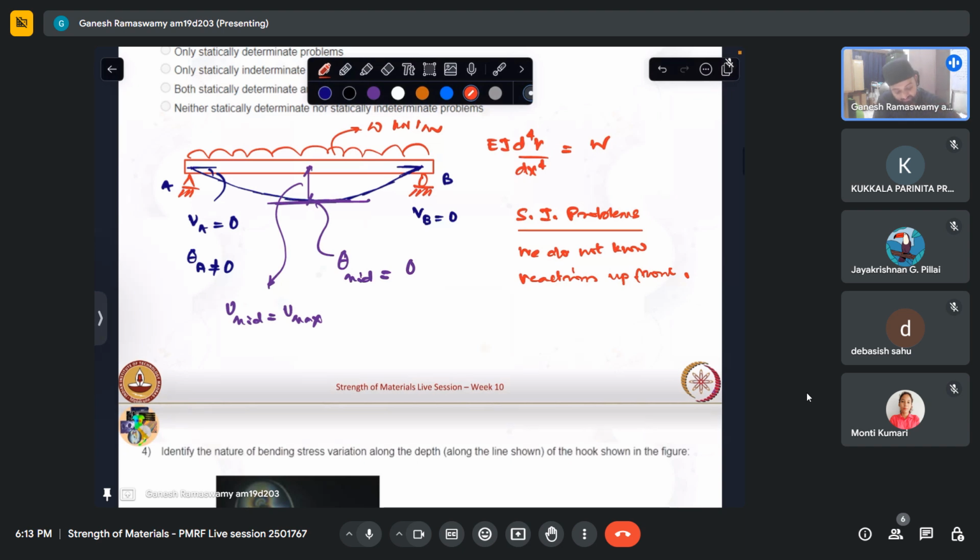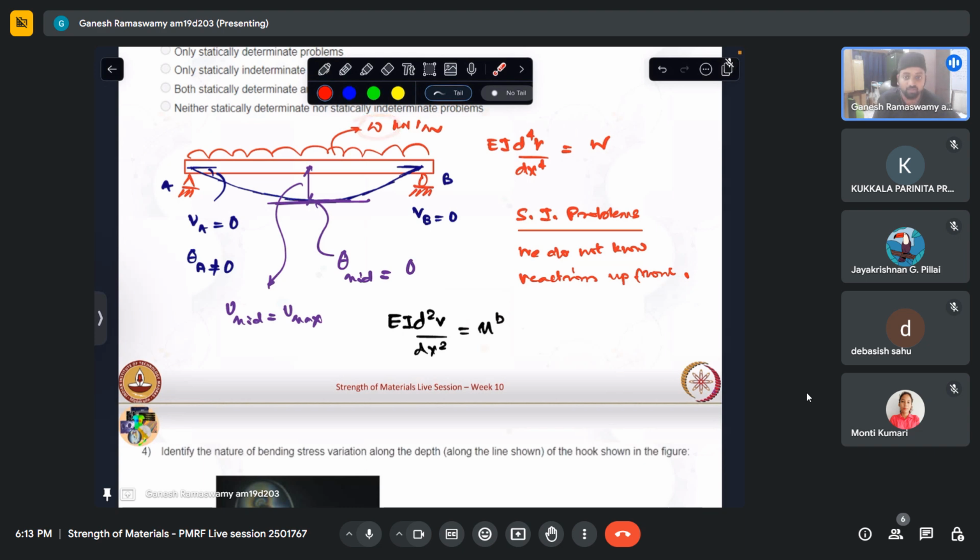In such a case, if we were to use the second order equation, which relates the bending moment and the curvature, which is what we generally do, this already bears one unknown, or maybe more than one, because the problem being statically indeterminate, we do not know the reactions. However, we do know the load.